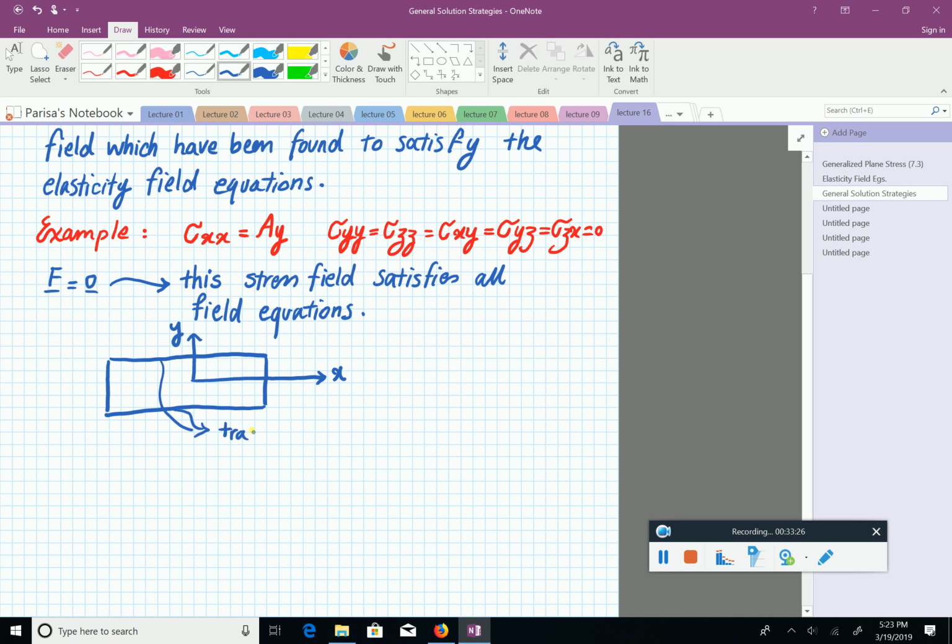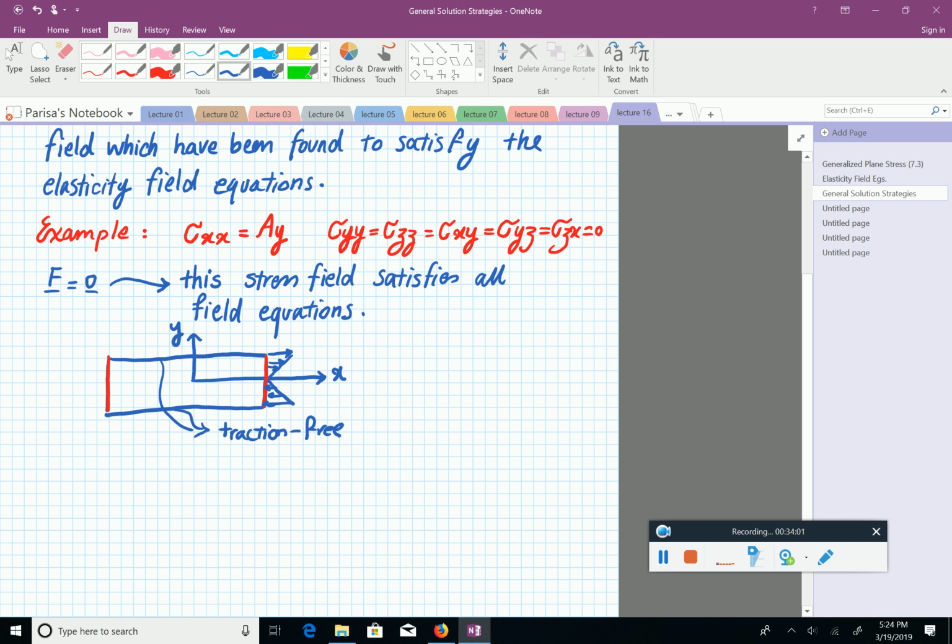So what's happening on these two other sides? It's linearly changing with y, right? So you're going to have something like that if y is positive, and then you are going to have something like this.